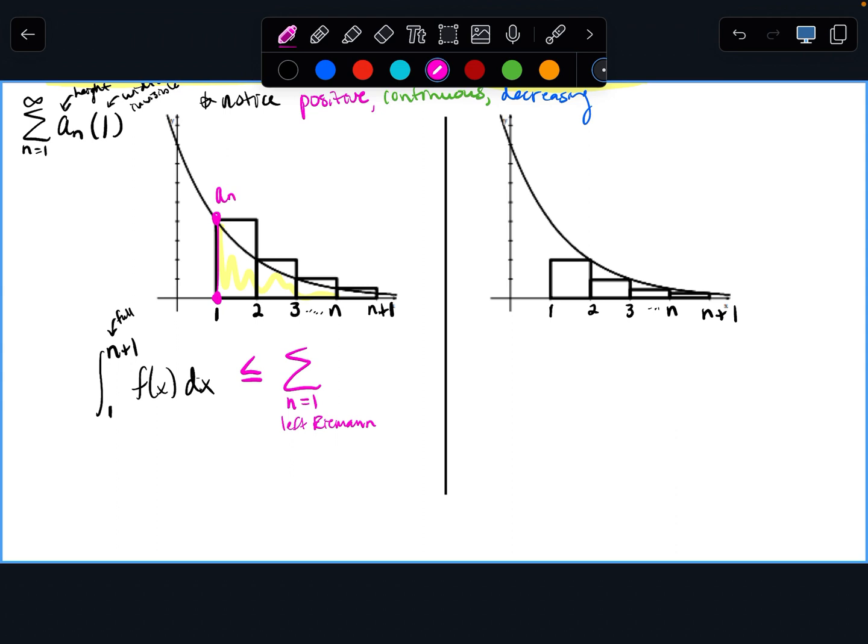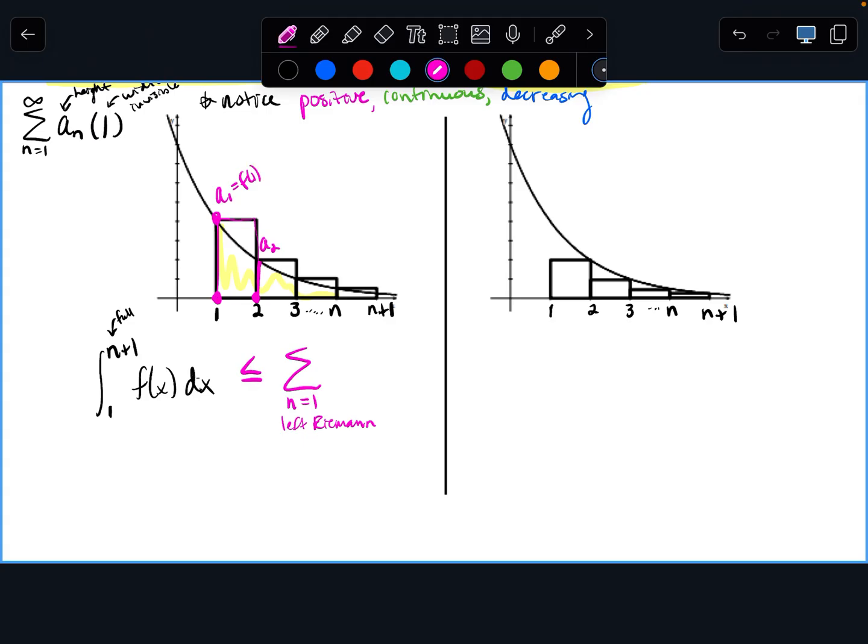This would be my a of n, or actually a sub 1. That would be how I get that first rectangle. And then my second rectangle, if I plug in 2, this would be how I get my height. This would be a sub 2.